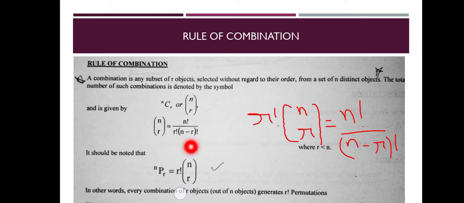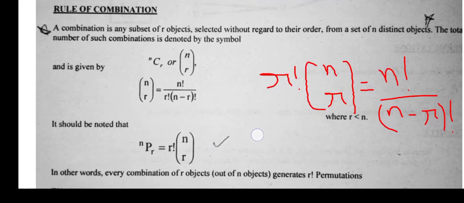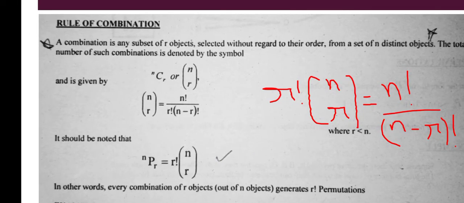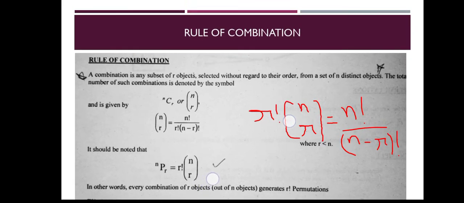So nPr is equal to r factorial multiplied by nCr, and from this result we can conclude that every combination of r objects out of n objects generates r factorial permutations.